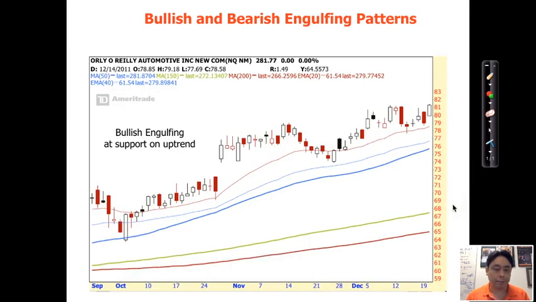All right. So can you find any of the engulfing patterns? Take a couple of seconds, see if you can spot it. And again, we want the candlestick pattern to ideally be coinciding with the moving average support or resistance. So there you go.